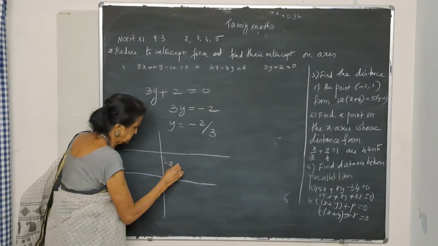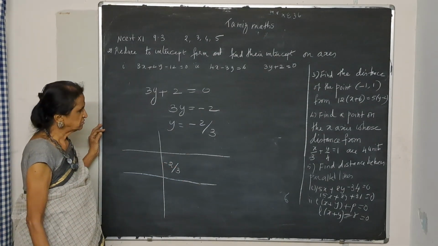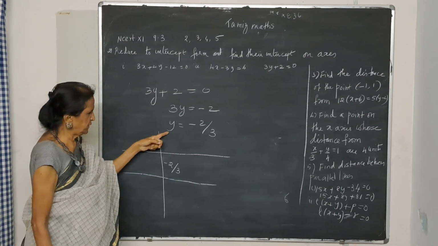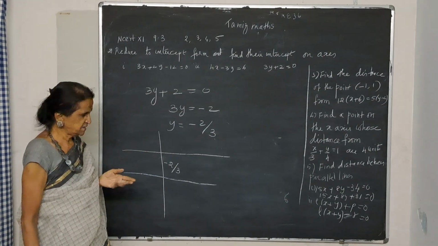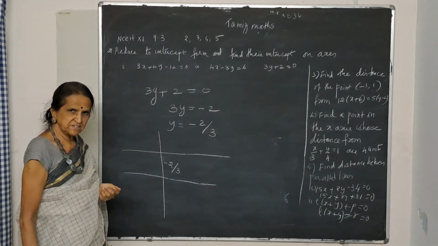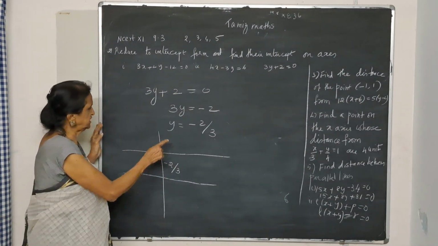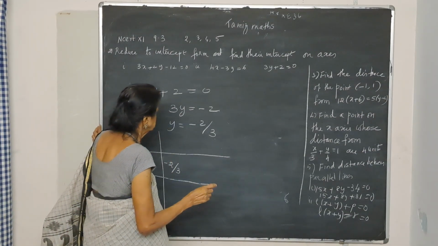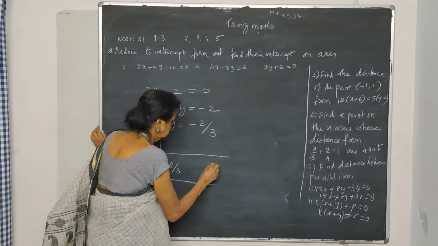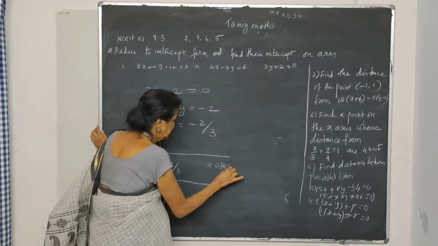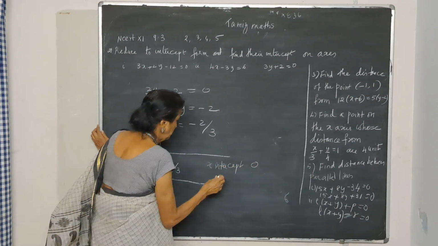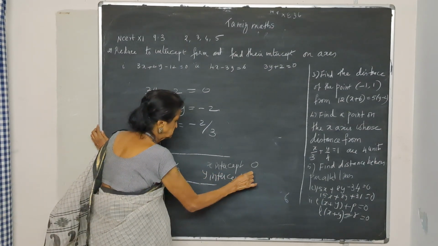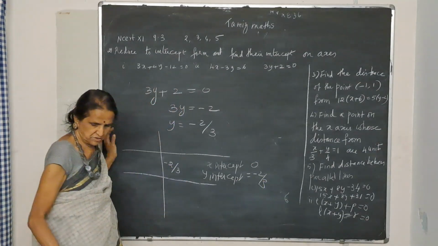So for this, the y-intercept will be minus 2 by 3, and there is no x-intercept at all. So the x-intercept will be 0, and the y-intercept is minus 2 by 3. That will be for this question.